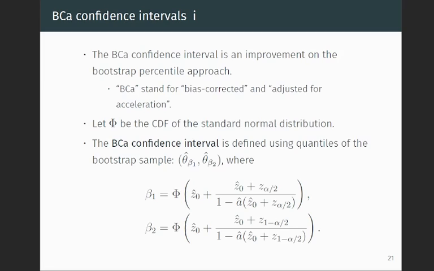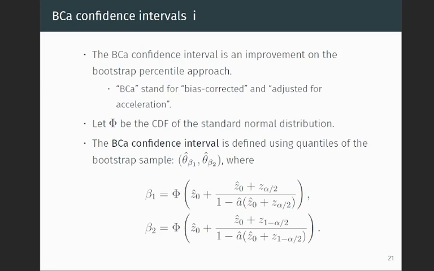So beta 1 is the image of capital Phi at z0 hat plus this quantity: z0 hat plus z alpha over 2, over 1 minus a hat times z0 hat plus z alpha over 2.